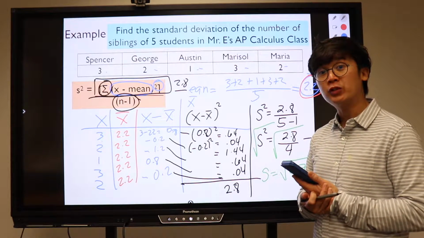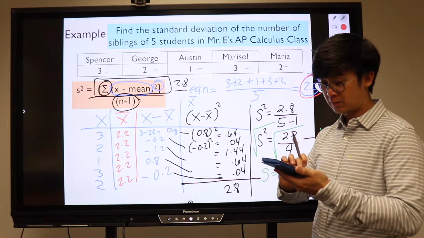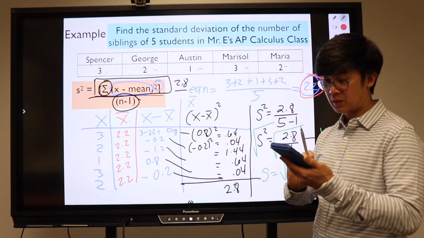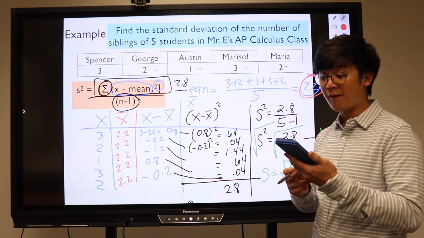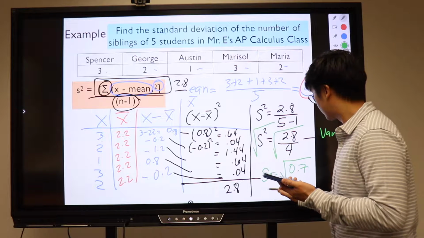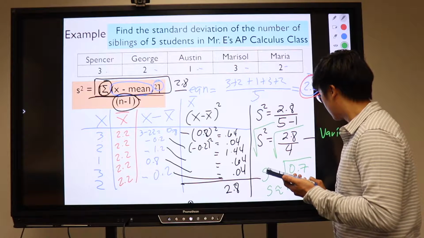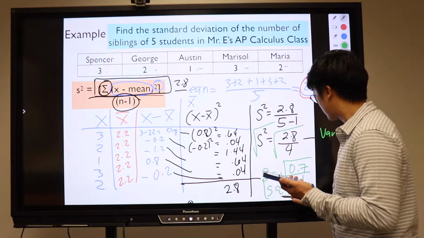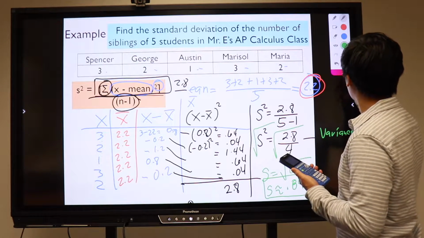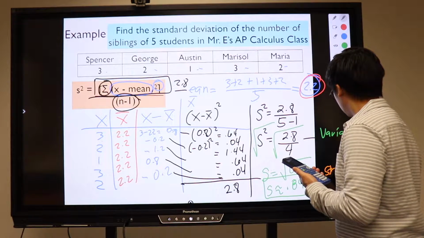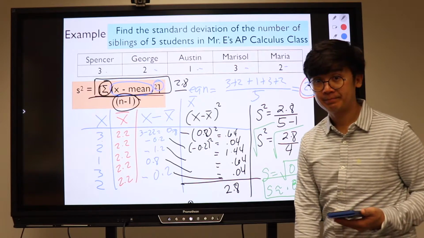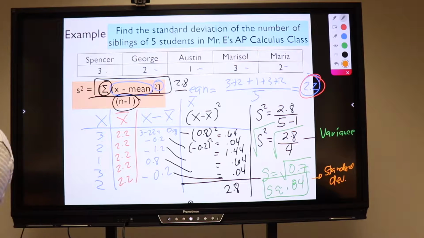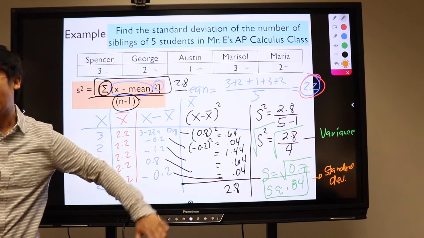And if you take the square root of 0.7, 0.83666, or 0.84. And that is your standard deviation.